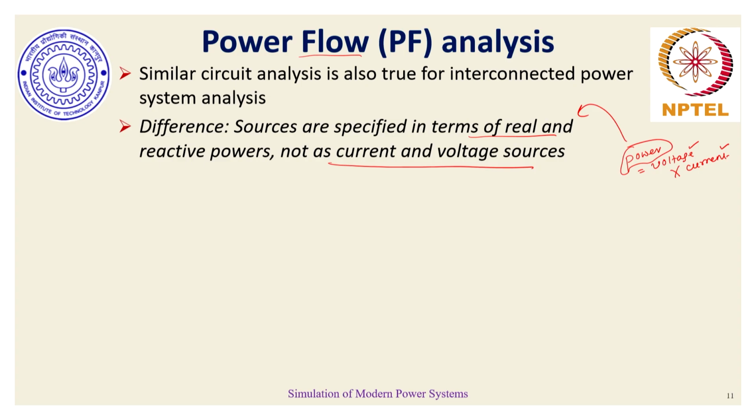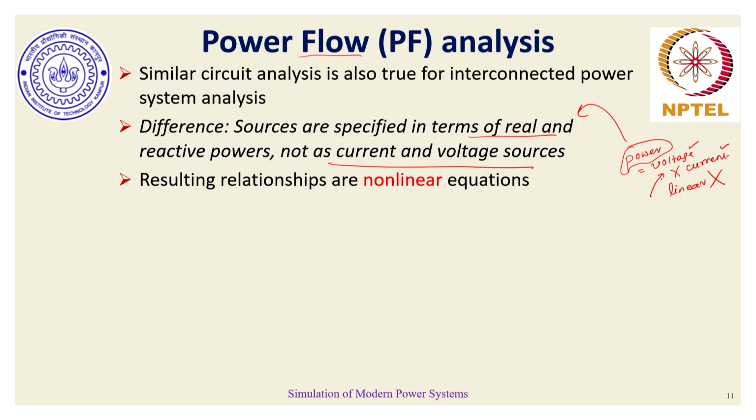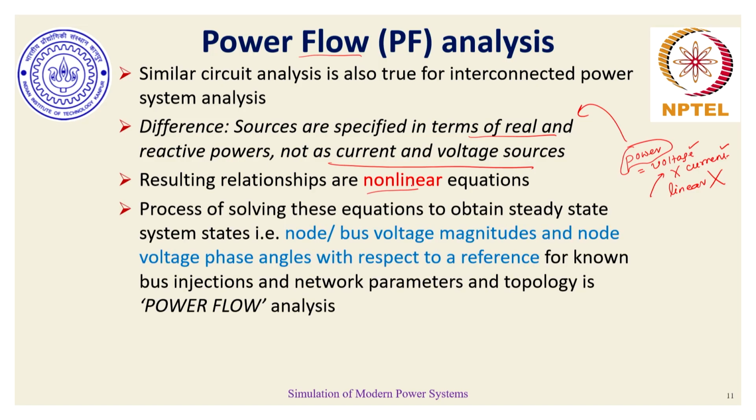We will have equations with products of two terms, and essentially it becomes a nonlinear equation. Hence, even though KCL and KVL are true, the resulting analysis will no more remain linear because of this product of voltage and current. That's the reason why we have nonlinear equations, and that's where we need a different mindset, a different understanding.